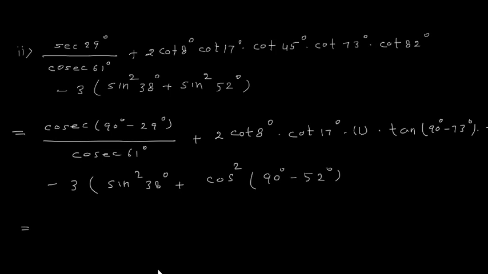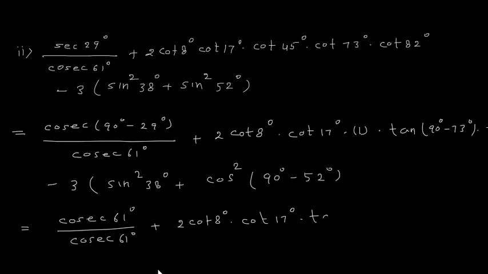So this is equal to cosec of 90 minus theta. It is cosec of 90 minus 29, which is 61 degree. The denominator is cosec 61 degree plus 2 cot 8 degree into cot 17 degree into tan.